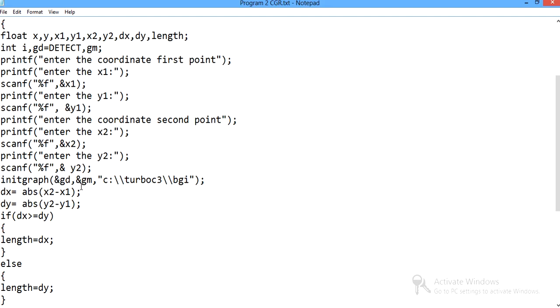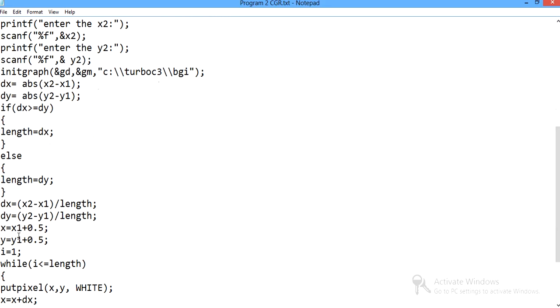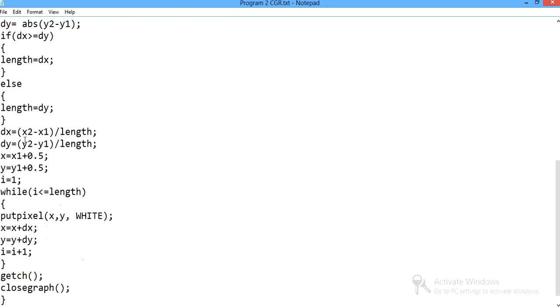So dx is equal to the absolute value, or modulus, of x2 minus x1, and dy is equal to the modulus of y2 minus y1. If delta x is greater than delta y, then length is equal to delta x, else length is equal to delta y. According to the algorithm, dx is equal to (x2 minus x1) upon length, and dy is equal to (y2 minus y1) upon length.